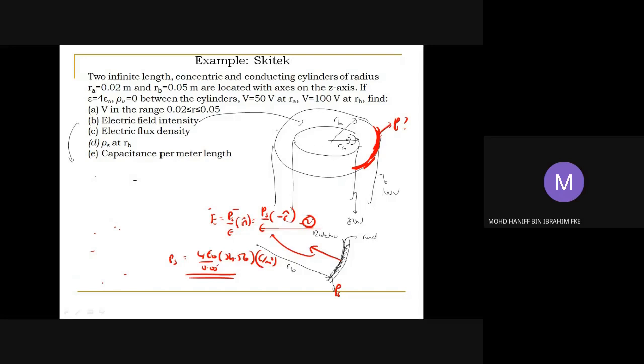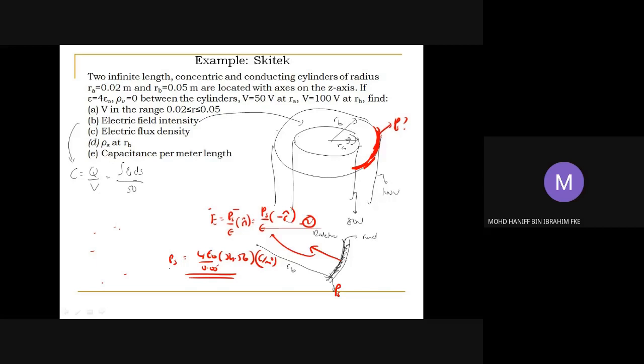From the equation of capacitance, C equals Q divided by V. Q should be the integration of rho s ds, and V is the potential difference between the inner conductor and outer conductor. Based on the potentials given, V should be 50 volts, 100 minus 50.